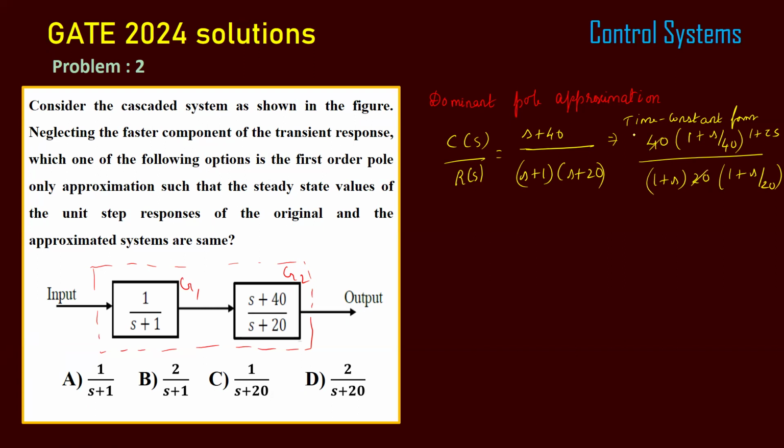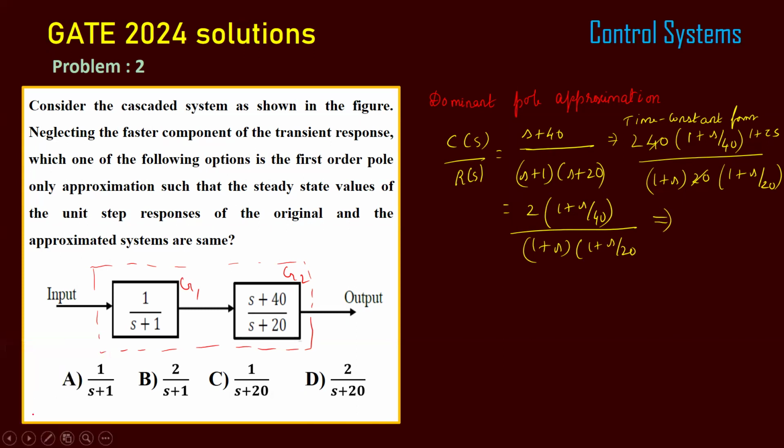So this will get cancelled, giving 2. So this is 2 into (1 plus S by 40) by (1 plus S) into (1 plus S by 20).